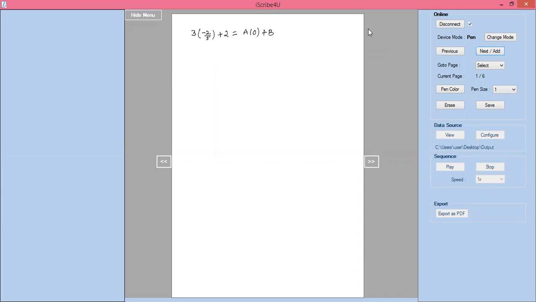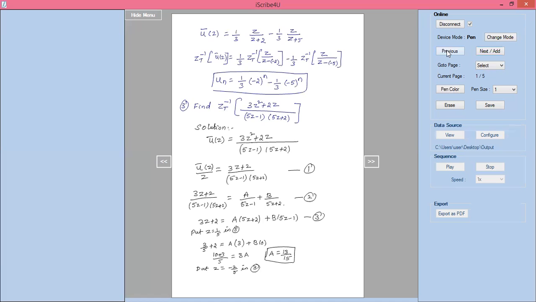So b is minus 3. Now if we simplify this, you will get b equal to minus 4 by 15. This is the value of b. I found the a value and b value. I can substitute the a value and b value in equation number 2.